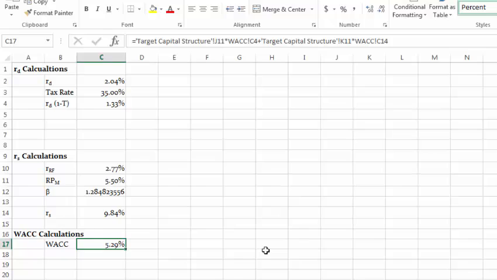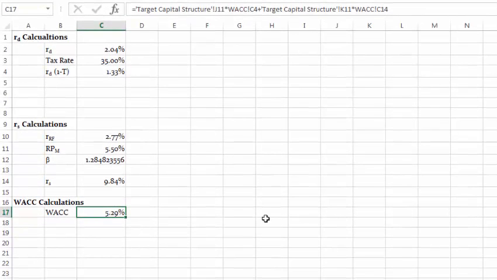And my estimate of the weighted average cost of capital right now is 5.29%.